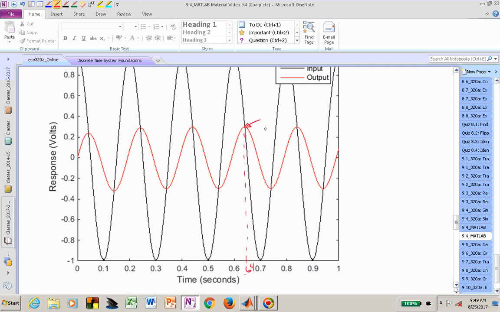So that's what happened. This magnitude, if I went over here, should be about 0.3.